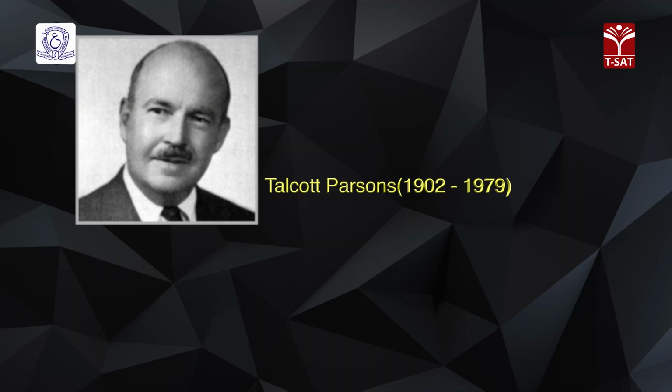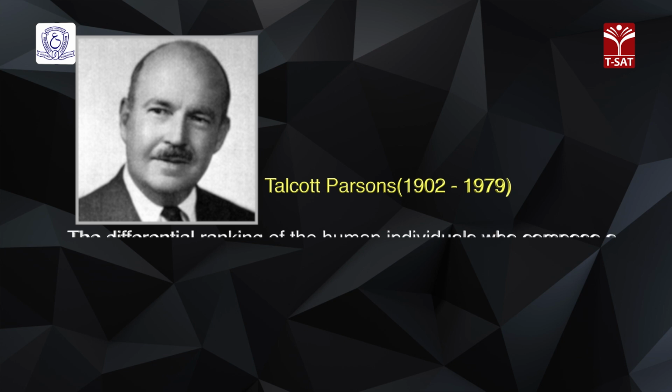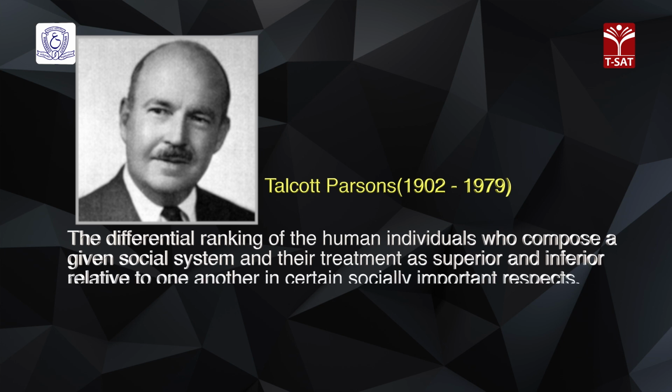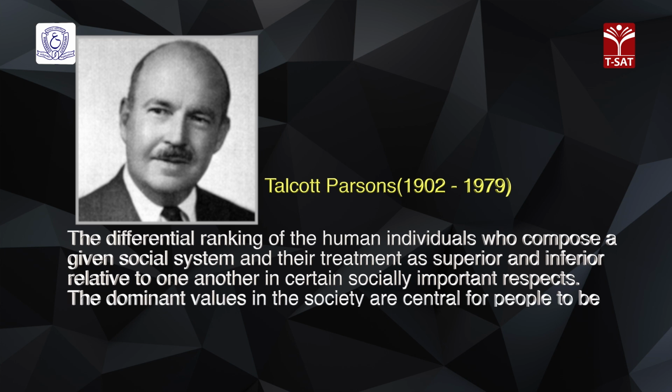Parsons focused on social order and the central functional role that stratification played in order to maintain social order. Parsons defined social stratification as the differential ranking of human individuals who compose a given social system and their treatment as superior and inferior relative to one another in certain socially important respects.